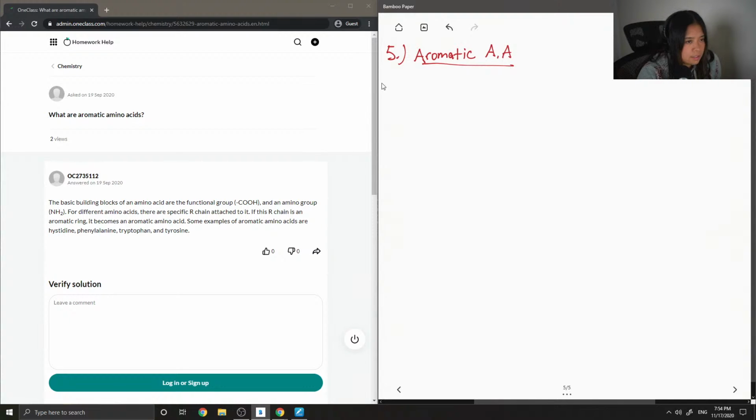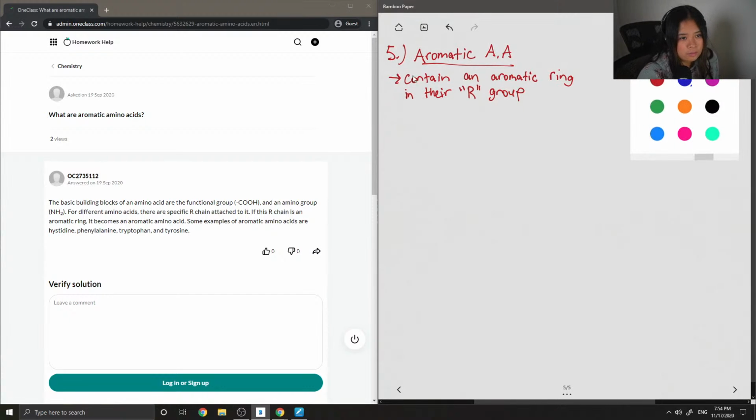Aromatic amino acids, as you can guess, are amino acids that contain an aromatic ring in their R group. Okay, so I'm just going to draw them all out.